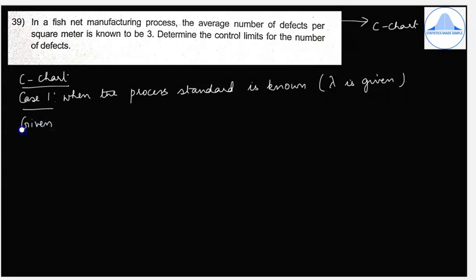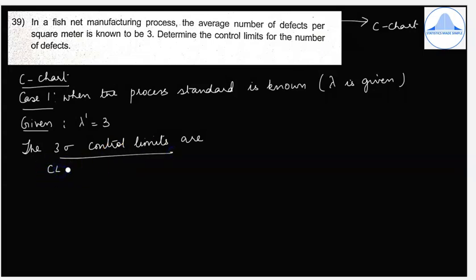That means lambda is given to us. It is given that lambda dash is equal to 3. Then you can write the 3 sigma control limits. CL is equal to lambda dash.